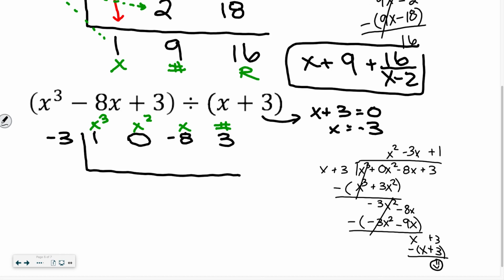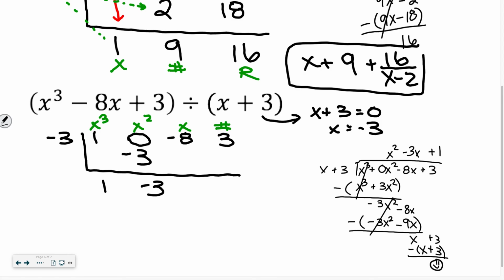Okay, so when I add down, what do I get? 1. It's always going to be the leading coefficient. Don't overthink that, okay? There's nothing to add. It's 1. 1 times -3 is -3. 0 plus -3 is -3.